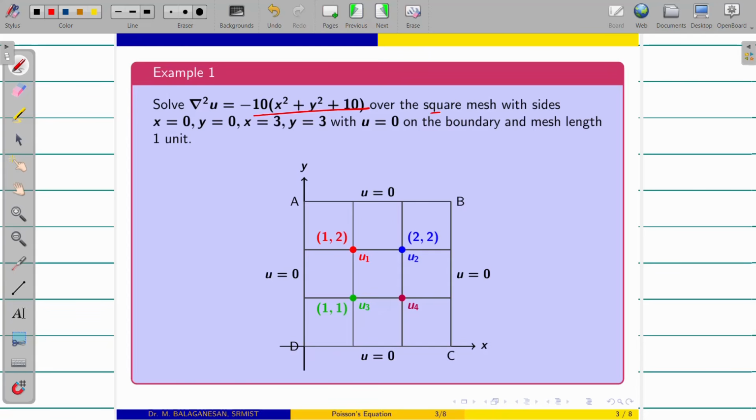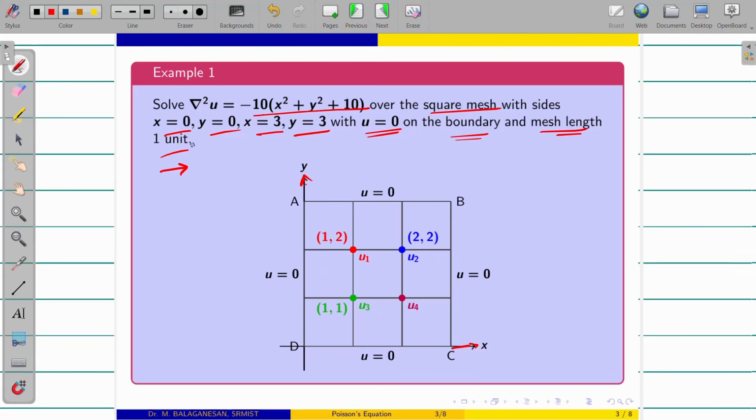Over the square mesh, a square with sides x equal to 0, y equal to 0, x equal to 3, y equal to 3, with u equal to 0 on the boundary, and mesh length 1 unit. Given like that, we can easily draw the diagram. How to draw? This is the x-axis and this is the y-axis.